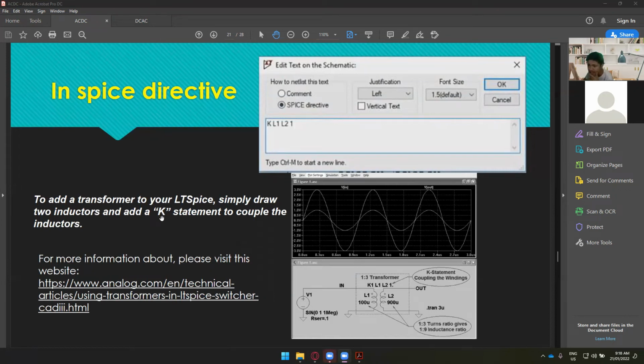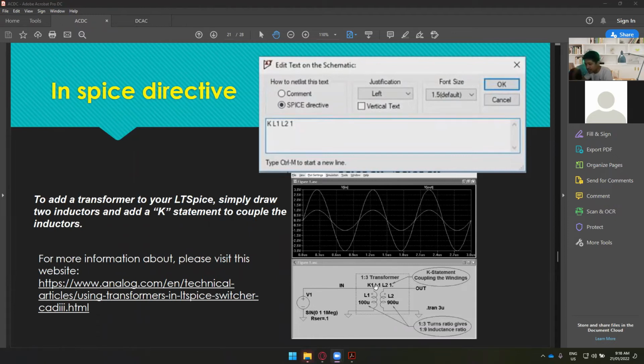If I'm not mistaken, this is the term for transformer. So I forgot already. But here is a complete guide on how to come up with this transformer configuration right here. This K statement is coupling the windings. So meaning you are already combining these two inductors into one, which results in a transformer.